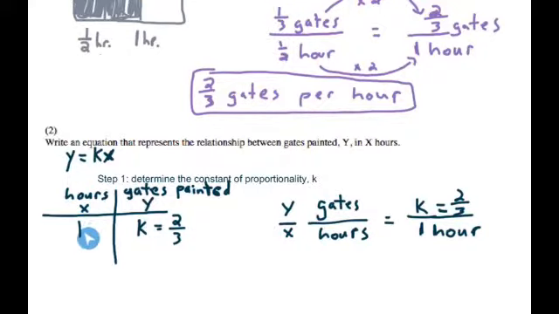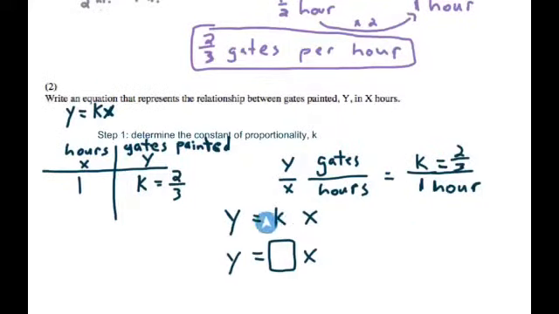So when X is 1 in a proportional relationship, Y is K. So in this case, when hours is 1, Enrique has painted 2/3 gates. So K is 2/3. And then 1 is the denominator when K is the numerator. So when X is 1 hour, K is 2/3.